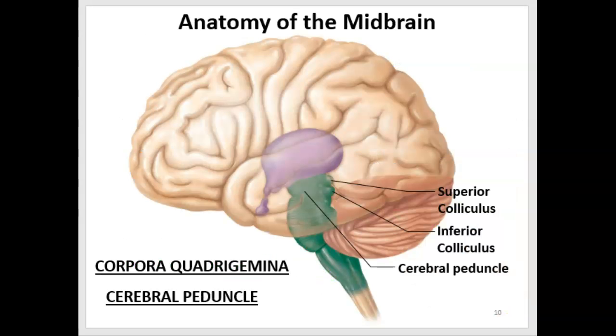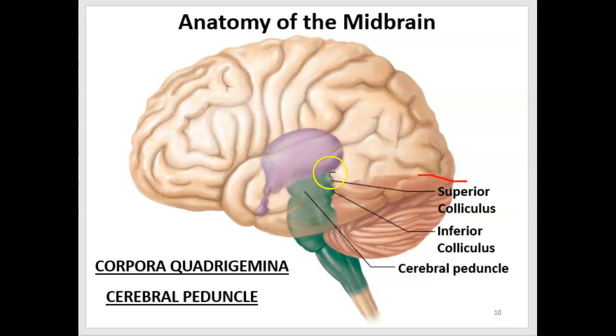So the midbrain includes two predominant structures, the corpora quadrigemina and the cerebral peduncles. The corpora quadrigemina are dorsal, and they're most easily visible by separating the cerebellum from the cerebrum by widening that transverse fissure.